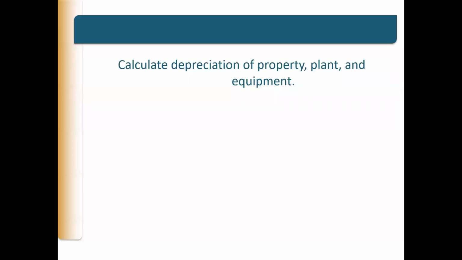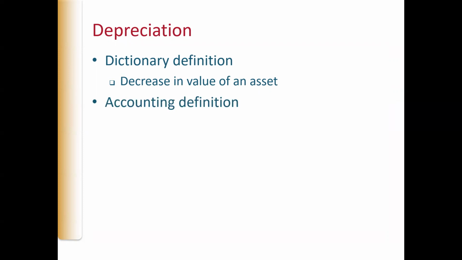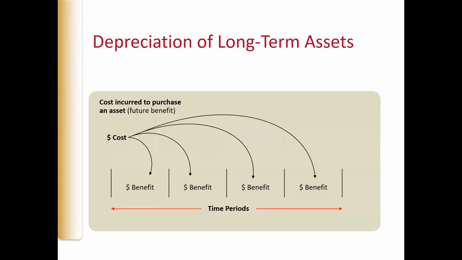Now, cost allocation is really about depreciation. When you look at the dictionary term of depreciation, it means a decrease in the value of an asset. That's not what we intend to do and what it means to us as accountants. In terms of the accounting concept of depreciation, it's truly an allocation or allocating the asset's cost to be expensed over the period of time that asset will be placed in service.